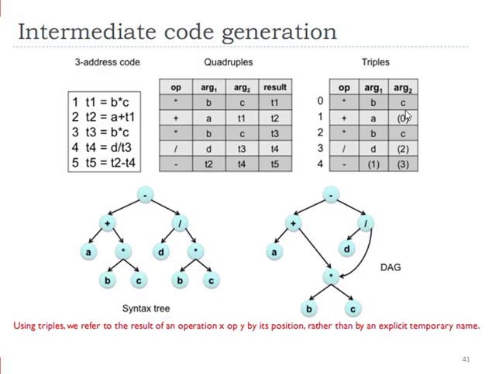Then the question that can arise is how the result of the previous expression can be referred to. So here, as you can see, each row is assigned an index, similar to indexing an array.